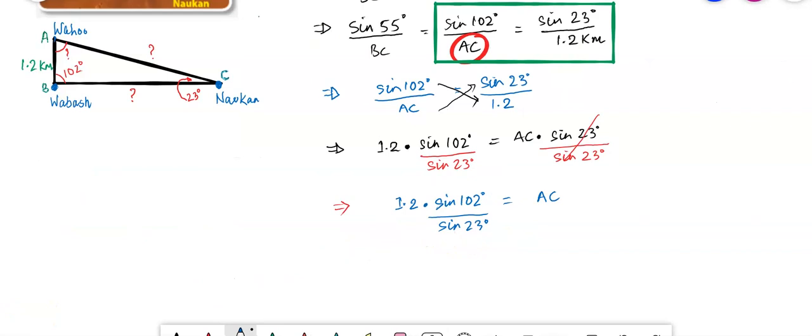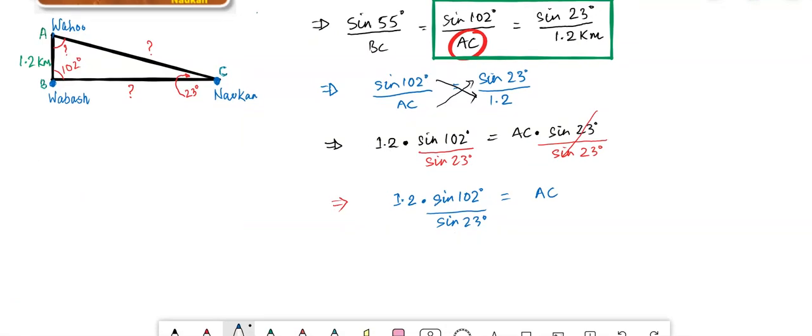Once you're done solving, you'll get to know that AC is approximately equal to 3, and that means the distance between the craters Wahoo and Nokon is approximately equal to 3 kilometers.